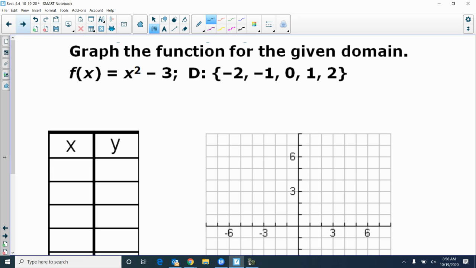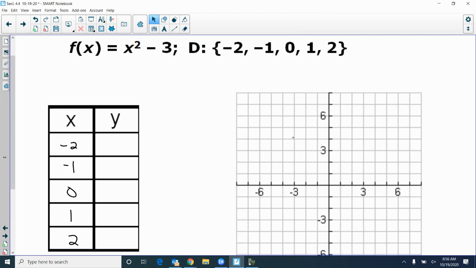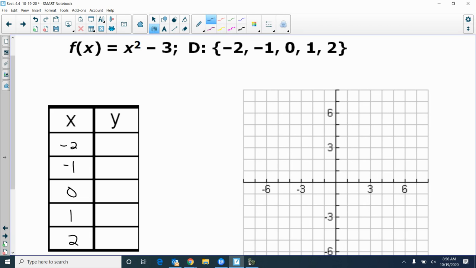Now it also tells us which numbers to plug in: -2, -1, 0, 1, and 2. Now I think you got a spot in the middle to do your work, right? This is the one that was missed the most because of calculator error.